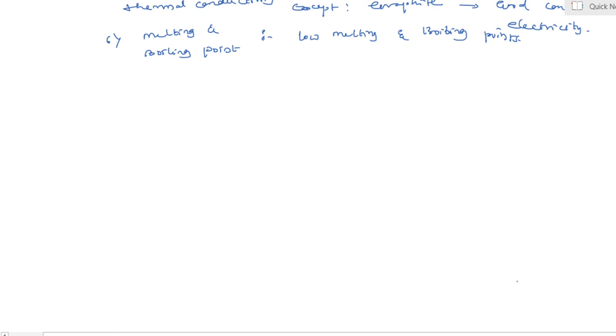Let's see chemical properties of non-metals.